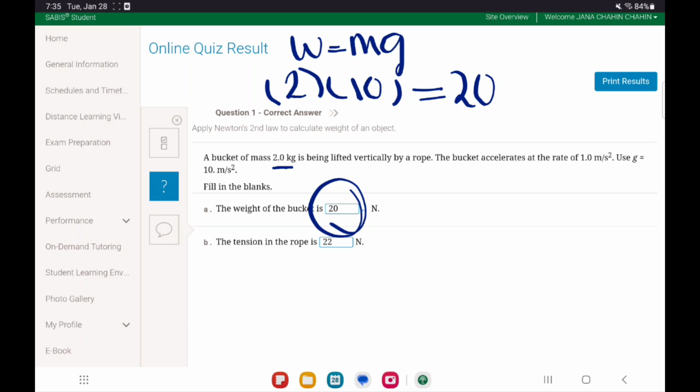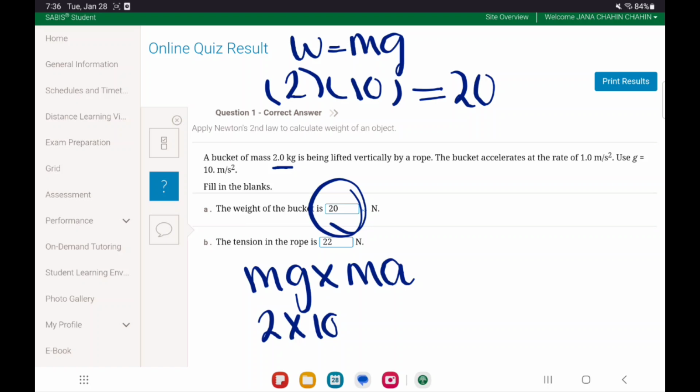A lot of people might not know what the rule for tension is, but the rule for tension is mg plus ma.